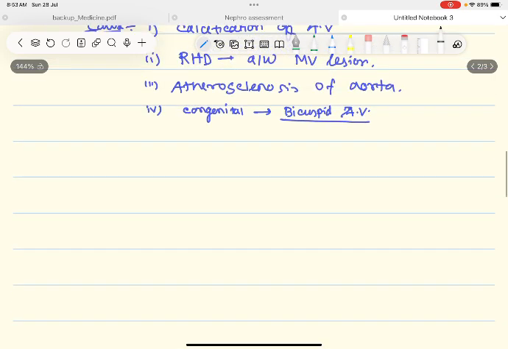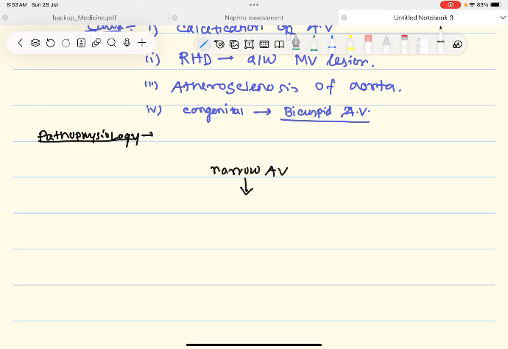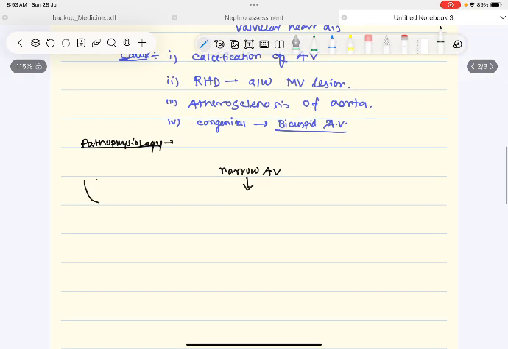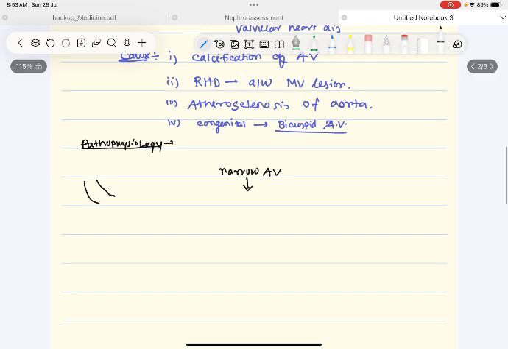So coming to the pathophysiology. Whenever there is a narrow aortic valve, there is pressure buildup in the left ventricle. Suppose this is the left ventricle, this is the aorta, this is the aortic valve.